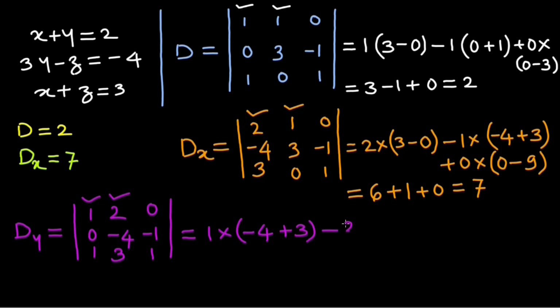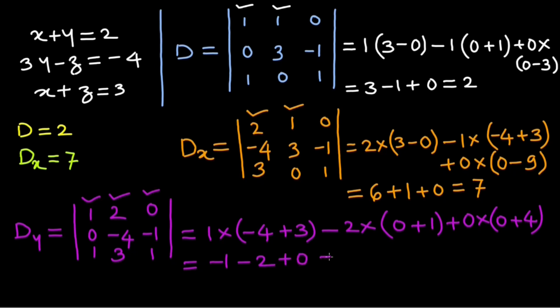Second element 2 multiplied by its minor, which will be 0 plus 1. Then plus sign. Third element 0 multiplied by its minor, which will be 0 plus 4. So it will be 1 into -1, minus 1, then minus 2 plus 0, which will be -3. So the value of Dy is -3.